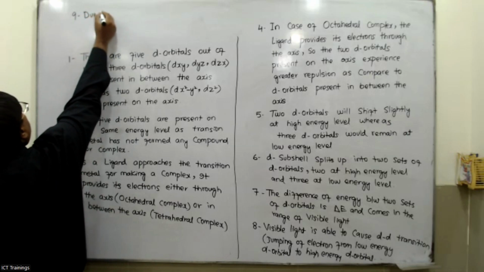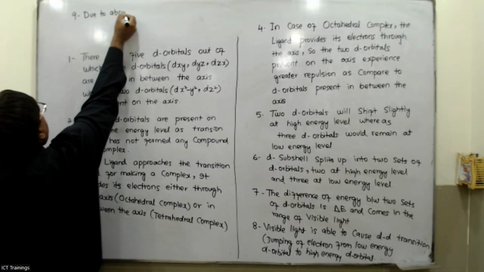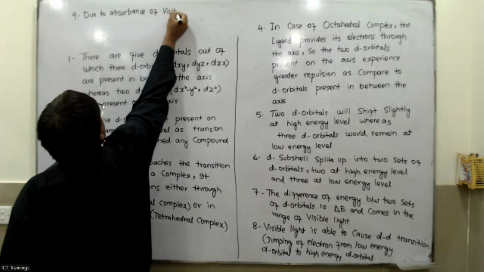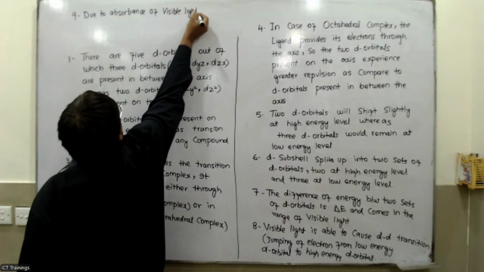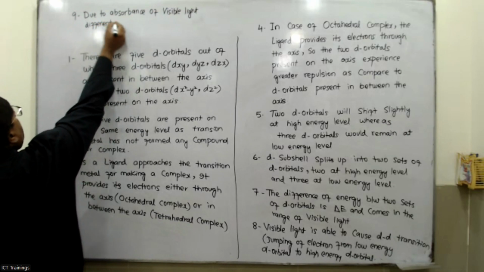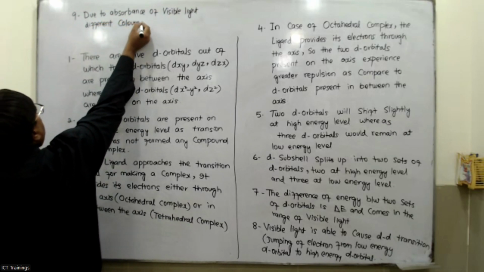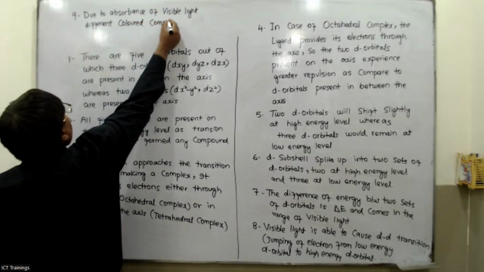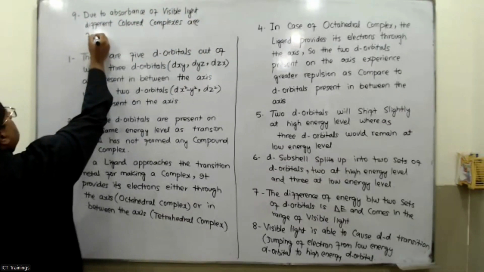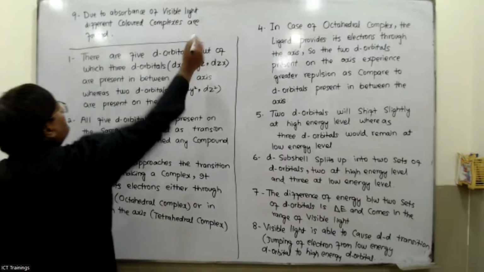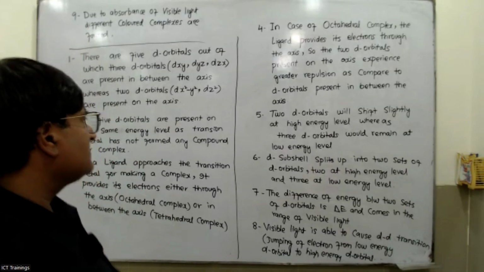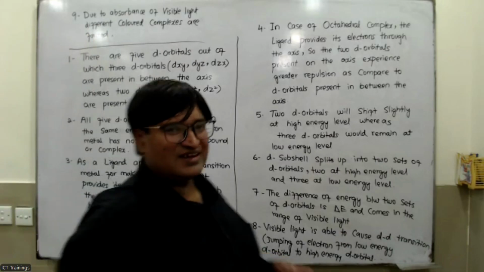So due to absorbance of visible light, different color complexes are formed. So this is the reason, my dear, why the transition elements form the colored complexes.